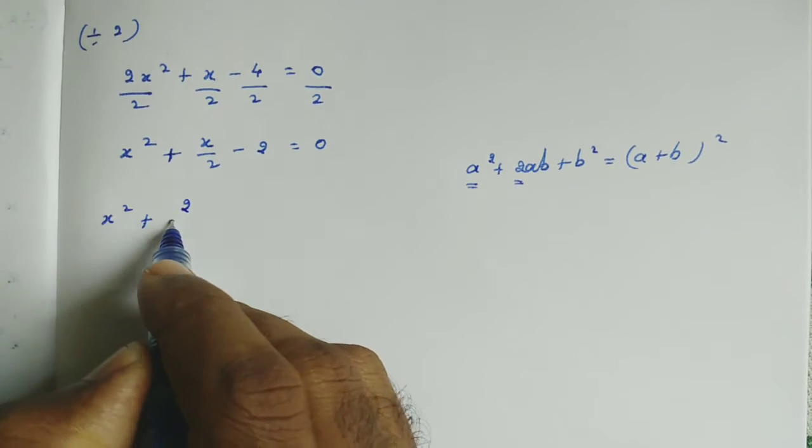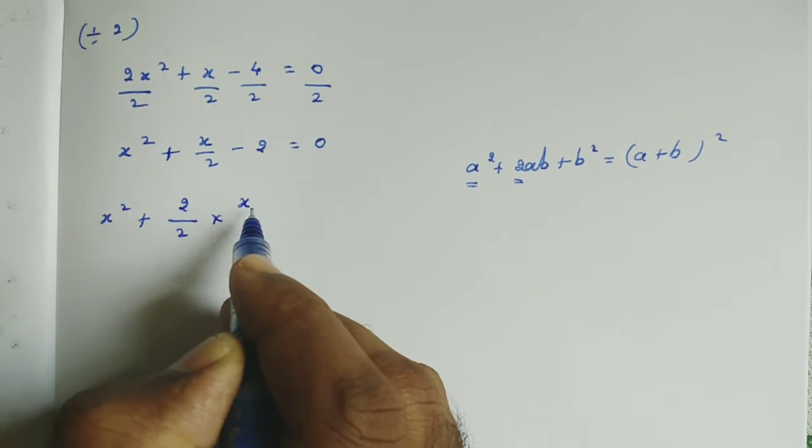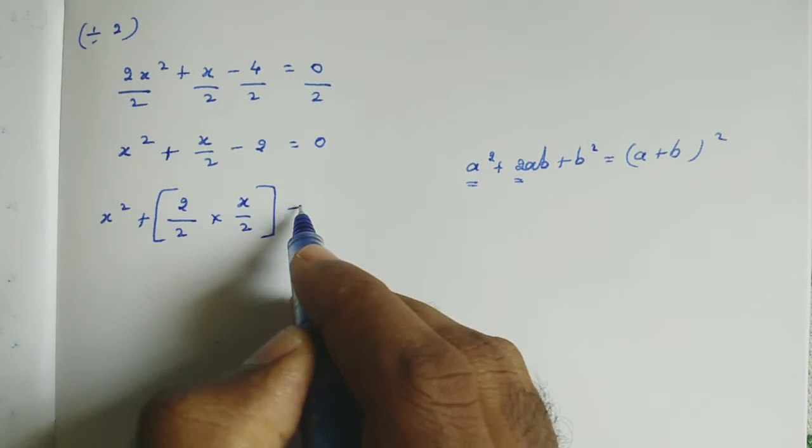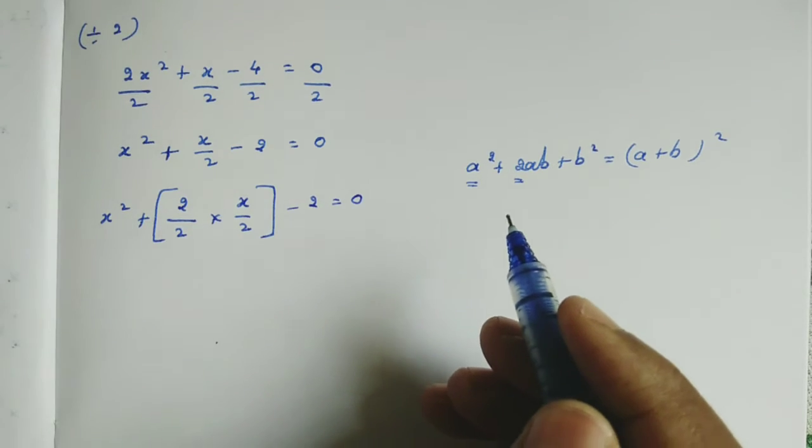I just multiply by 2 and divide by 2 in the x by 2 term. In this x term alone, I multiply by 2 and divide by 2, minus 2 equal to 0. Now I got a 2.